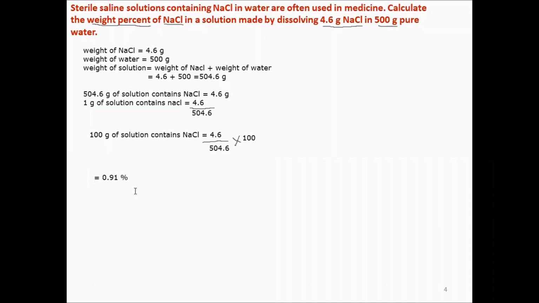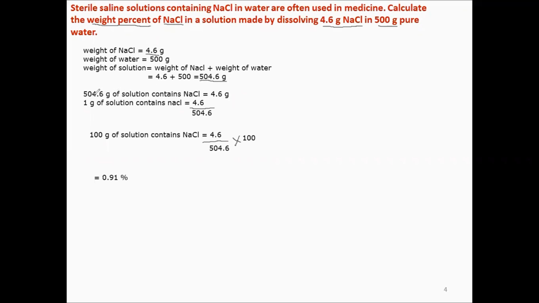So we have simply calculated it by applying the definition of weight percent, which states the amount of NaCl present in 100 gram of solution. From the numerical, we had that 504.6 gram of solution contains this much NaCl, so we just had to apply the unitary method.